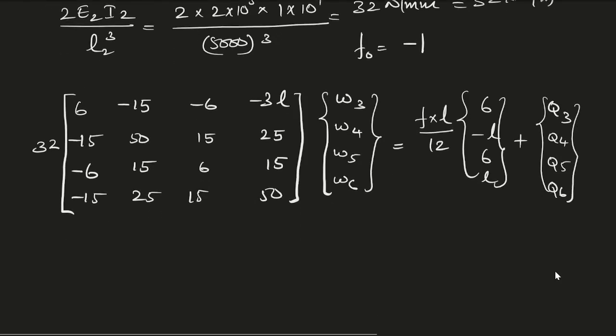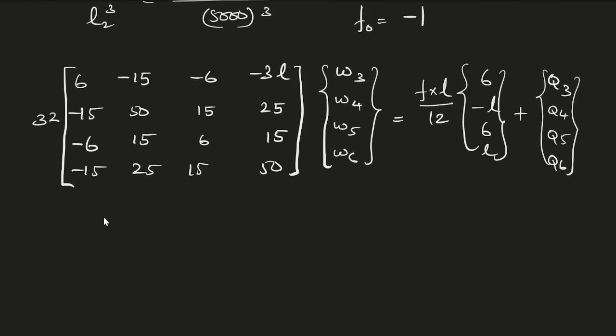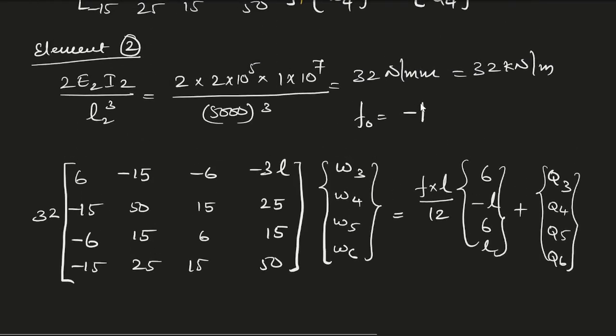Since we have this F load as well, we have to multiply those values as well. So I'll just find out the value here only. F is 1 into L is 5, this is minus, and 12. If you put it in the calculator, 5 divided by 3, we get minus 1.67.